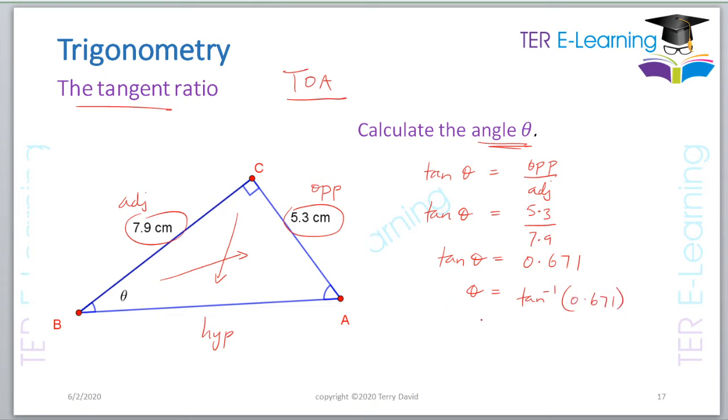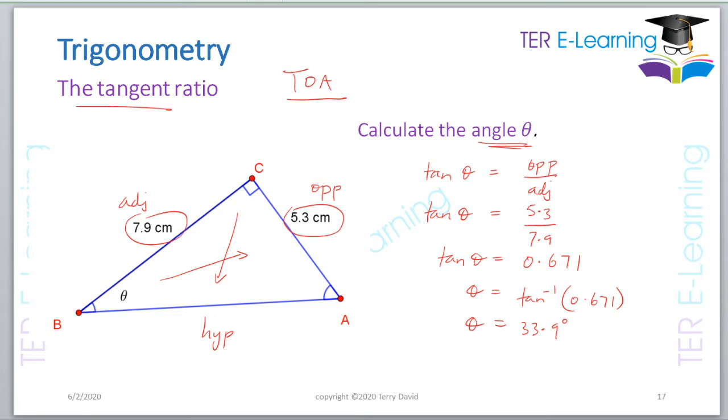We're using our calculator to work this out. This is called arctan. So second function tan, and my angle is 33.9 degrees.